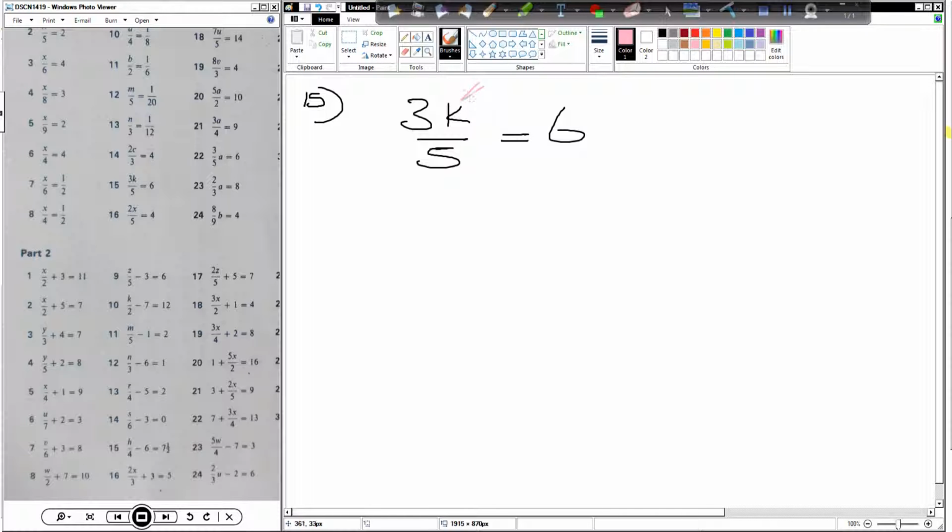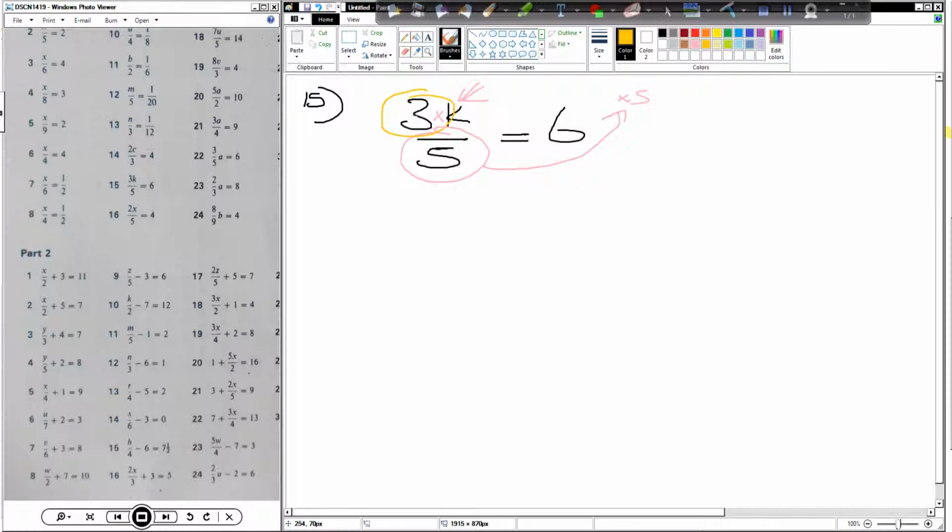That's where we start. Abdullah, what's been done to the k first of all? K is first of all being times by 3 and then divided by 5. Excellent. That's how we look at the question. First action, second action. Which action do we move first? The second action. Opposite of divide by 5 is times by 5.